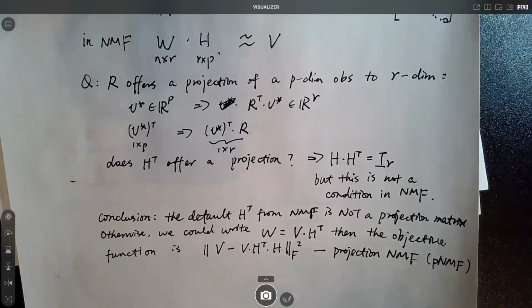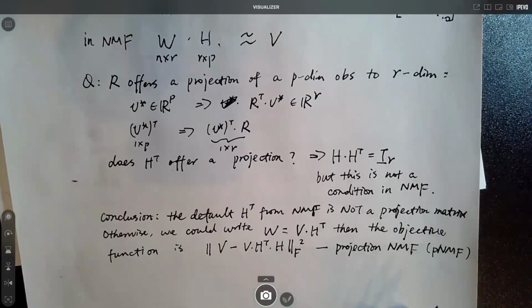Sorry, I have a question. Yes. Okay, so yes, it's not a projection, right? But the definition for projection here is a bit confusing, because the original data is in a real number space, but the transformed data is still in some latent space, but it's not real, it's just non-negative. I forgot the notation for that.